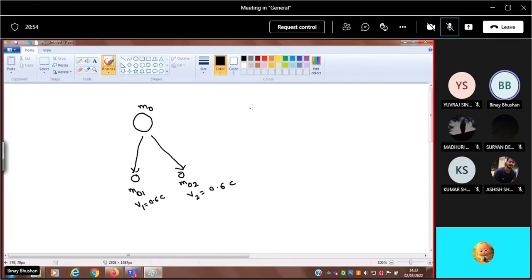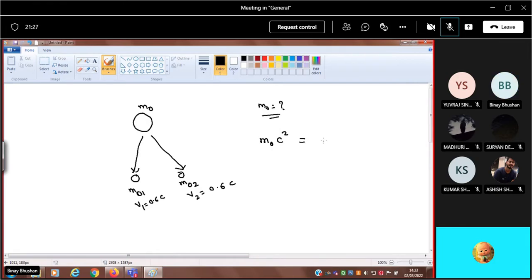That means, what is m naught? Just see how this question should be solved. Initially, the original mass is at rest, so its total energy will be equal to rest energy, that is m naught c square. And this total energy before explosion will be equal to total energy of the fragments after explosion.